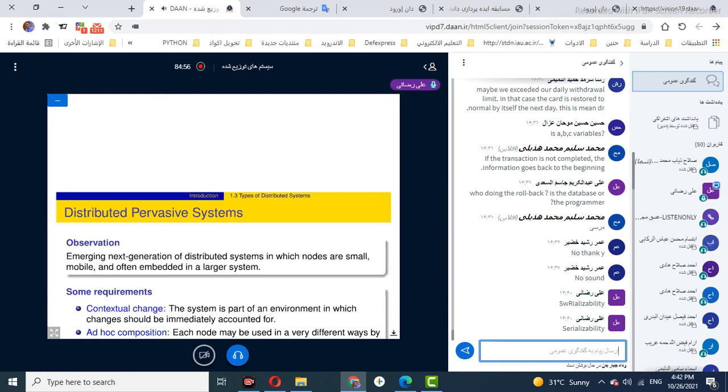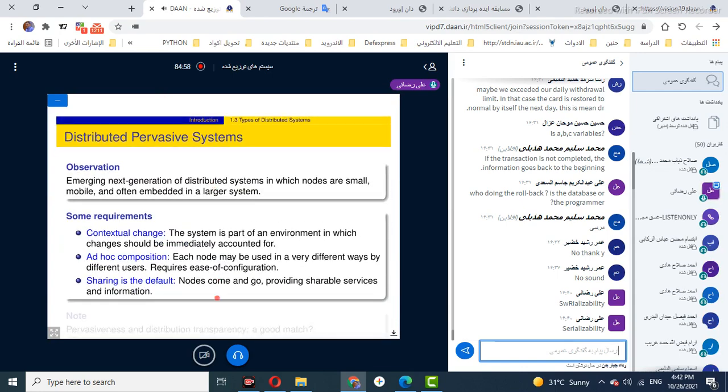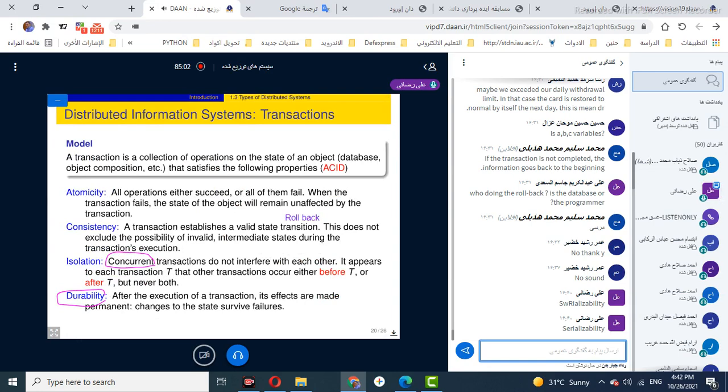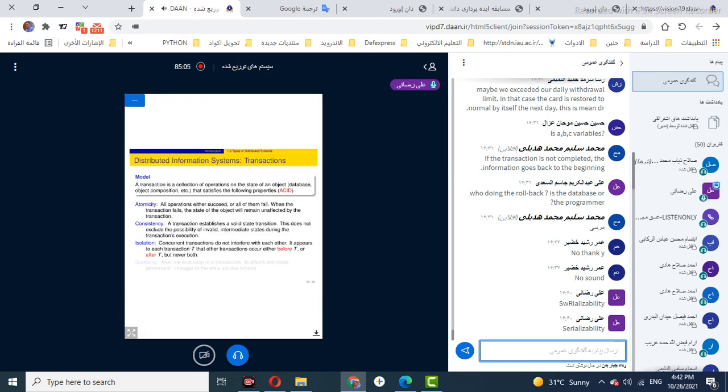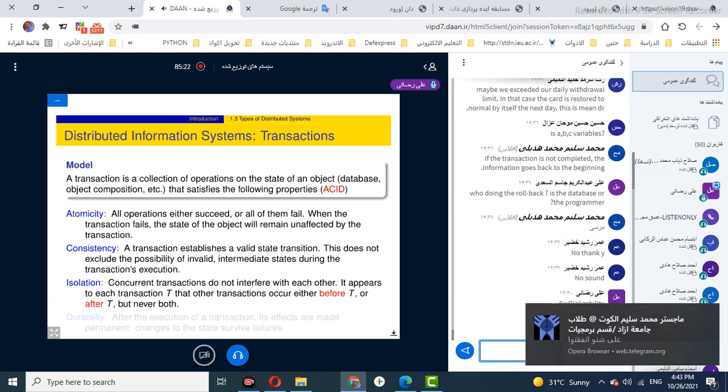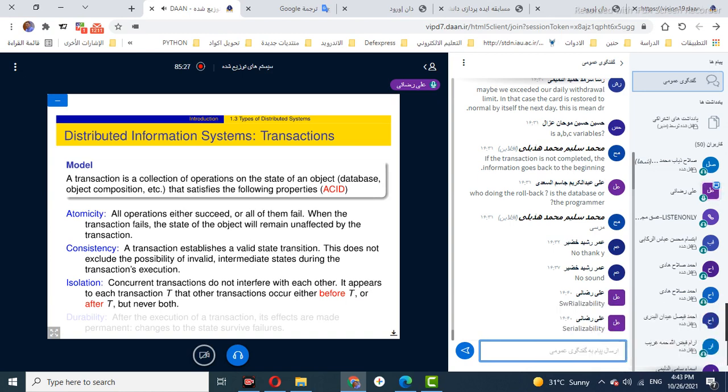So what I wanted to tell you in this slide, let me go back a little bit, is that we have distributed information processing systems, and one of the most important and common forms of these systems is distributed information systems.